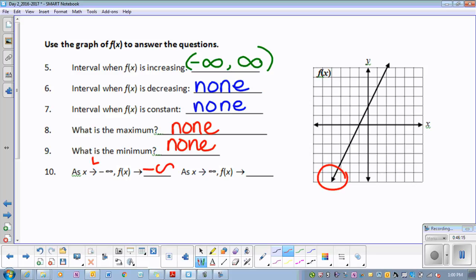Negative infinity. And the next one says, as x approaches infinity, well, walking on the x-axis towards infinity, that's your right side, your right arm. And what is your right arm doing? Where's that going? It's going up to infinity. Okay?